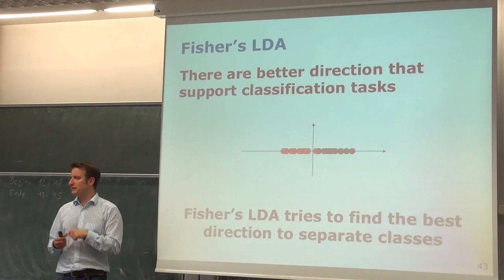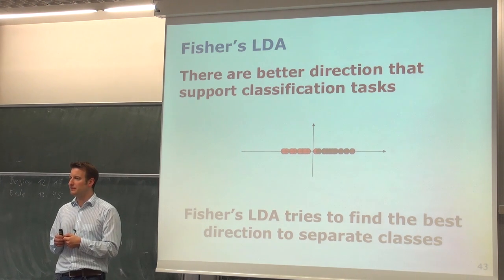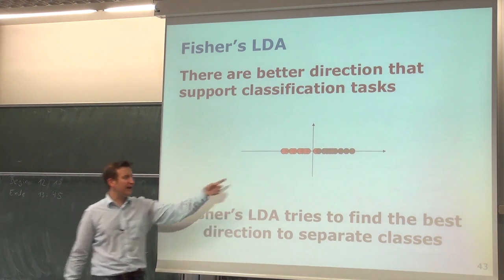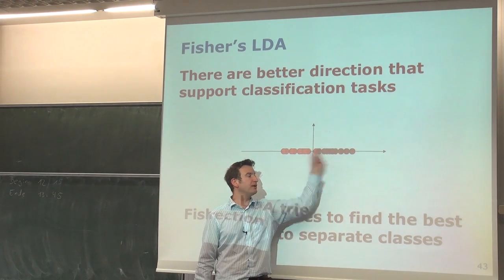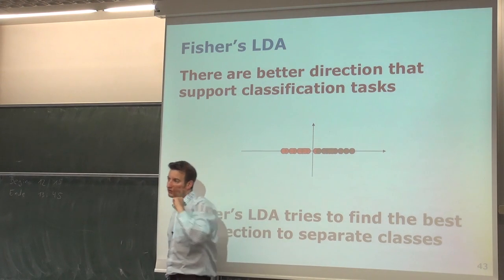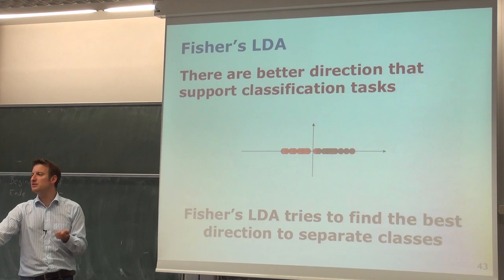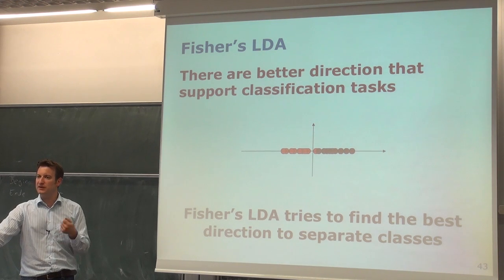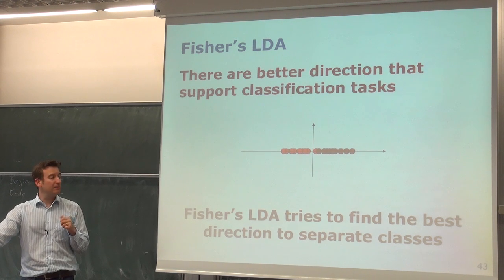What I want to find is a dimensionality reduction so that the classes can be separated very well. But this requires that I have knowledge about which point is class, for example, 1 or class 2. So it's a supervised approach in the sense that we need this additional information about the data points in order to decide how to project them to a low dimensional space so that they can be separated well.